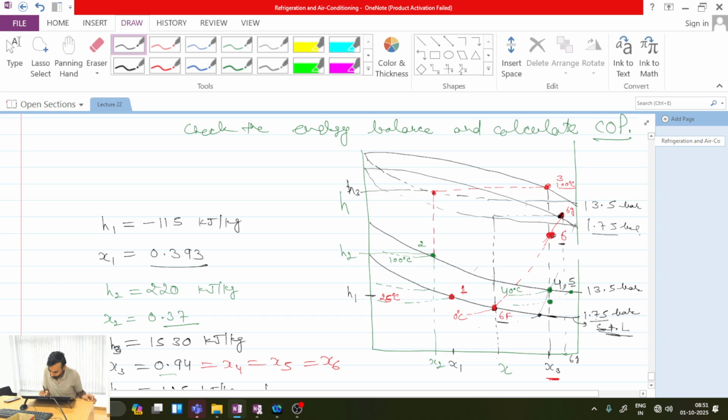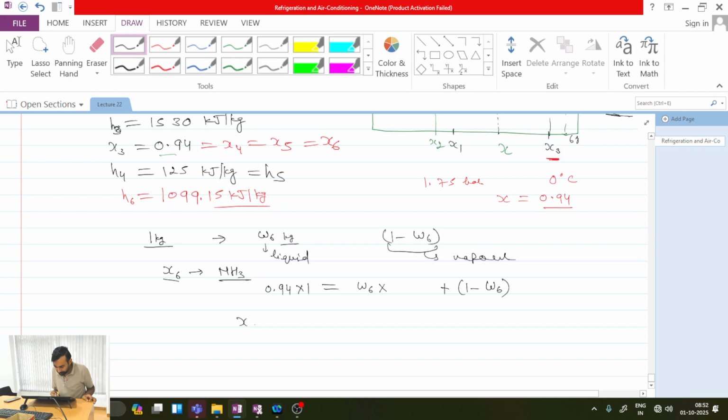So the composition of liquid, X6F, comes out to be 0.57. It means 57% is ammonia in the liquid phase. So if W6 is the liquid amount, then the total amount of ammonia in this liquid will be 0.57 into W6. Correct?